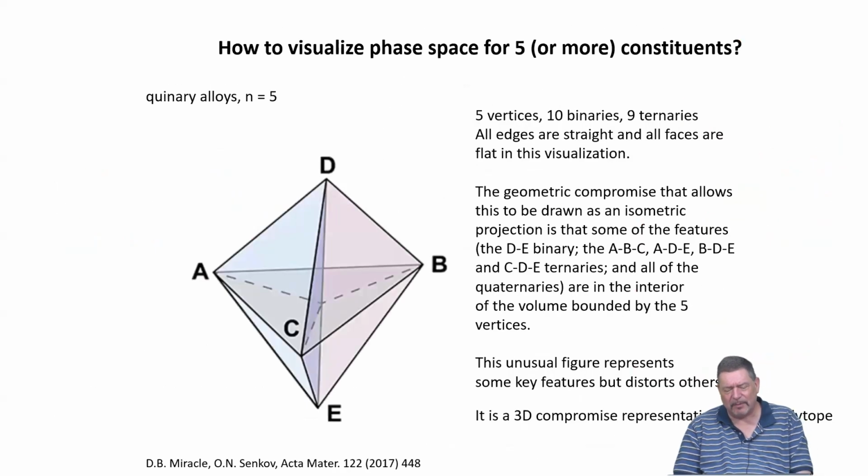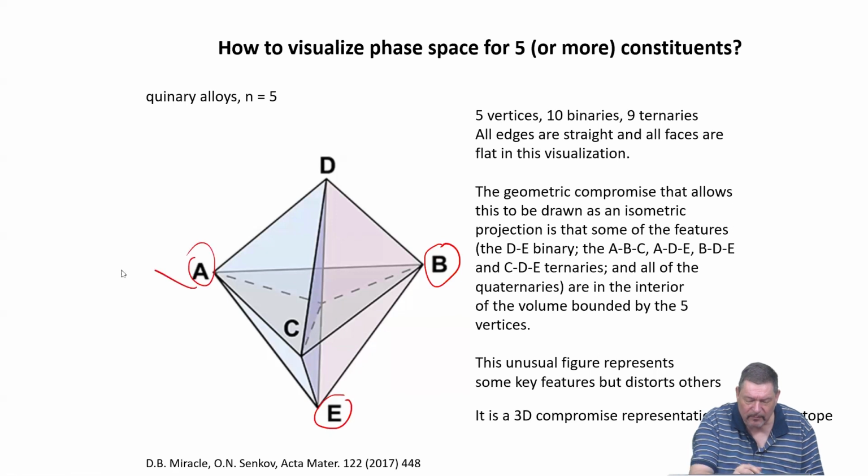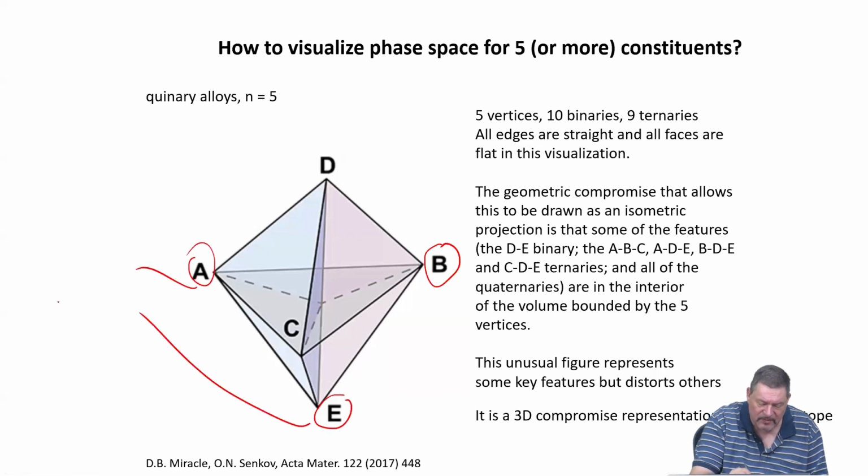There are, however, some things people have suggested to visualize phase space for 5 or more components. The first one is shown here. So you basically have the 5 vertices. So these are the 5 elements you put together. And you put them on this geometric body, which basically includes the 5 vertices. So these are the elements.